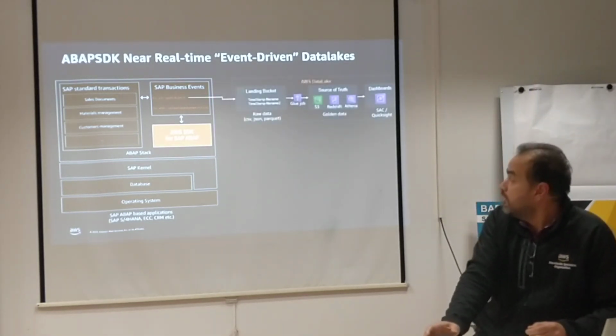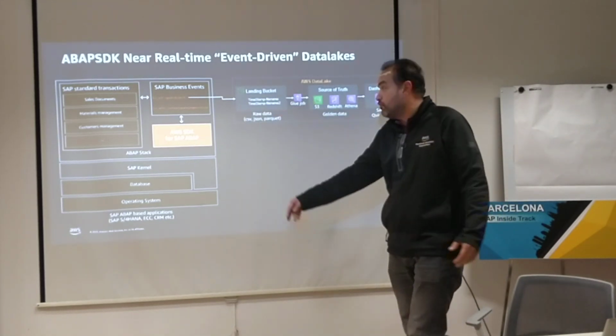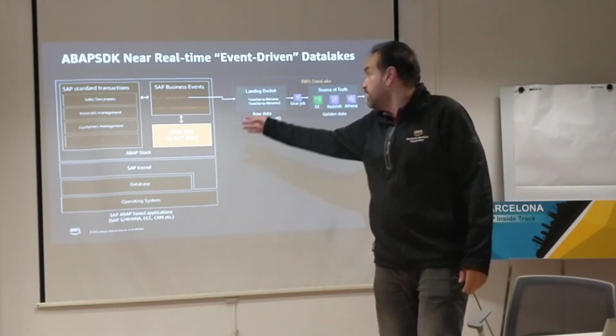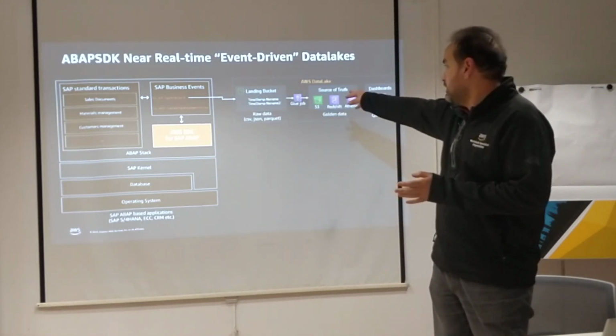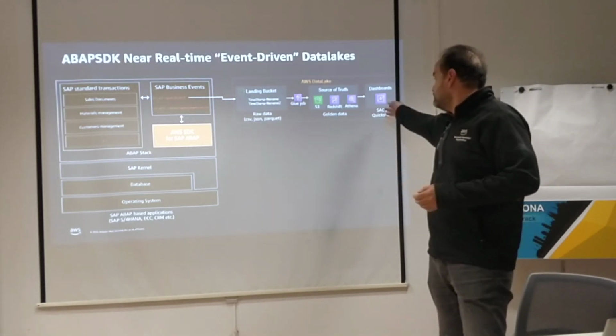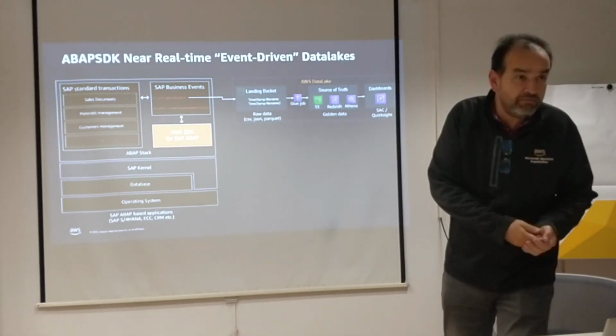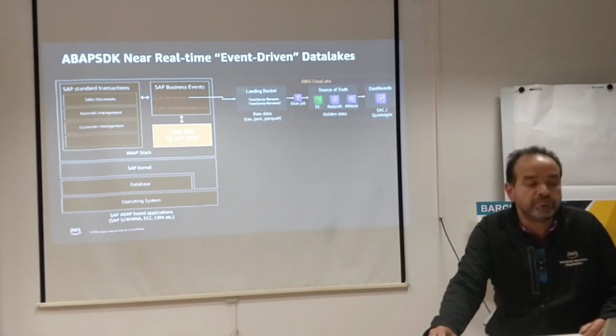We have multiple options. We can send the information to a landing bucket and then process that landing zone with AWS services or with BTP. And then we can have the dashboard on SAP Analytics Cloud, for example, or on QuickSight, as is the case today.